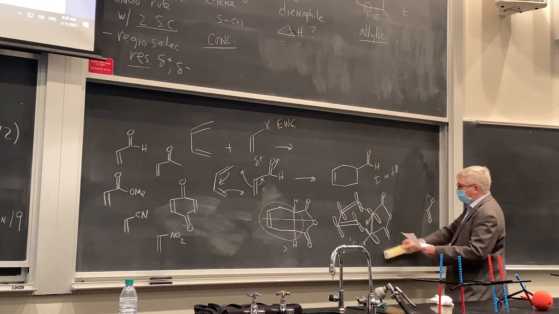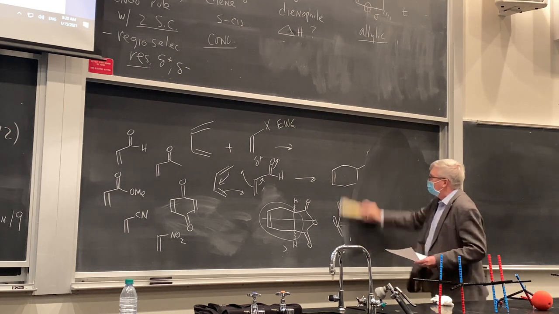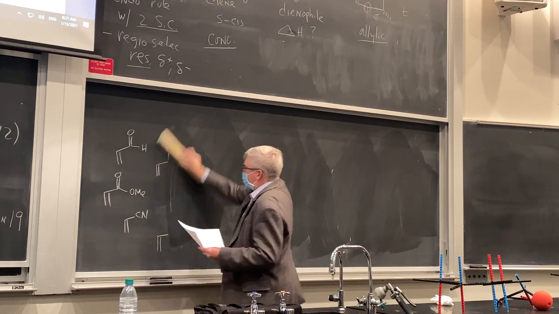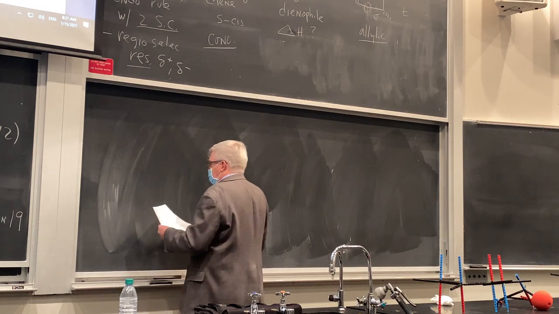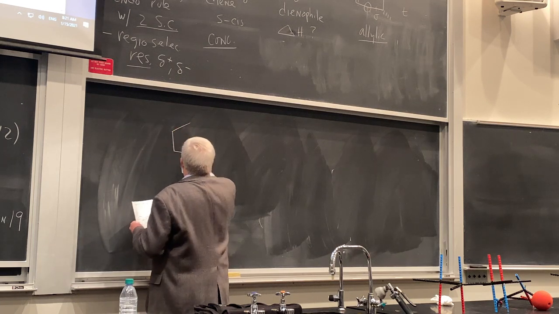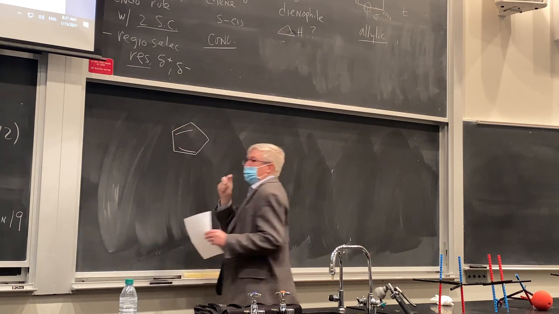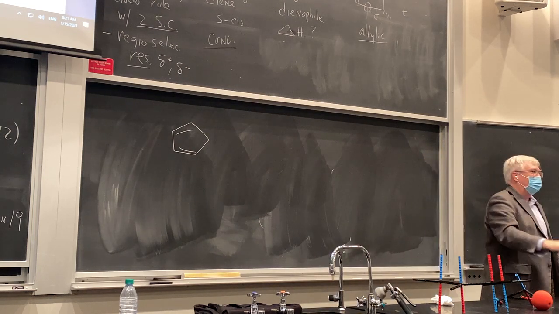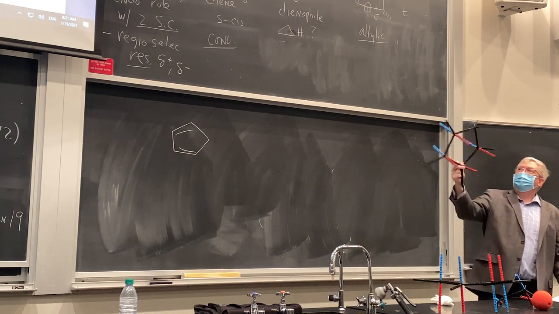So let's look at some other examples here. A little more complicated diene, and that is this. Cyclopentadiene. In fact, we saw cyclopentadiene before when we talked about 1,2 versus 1,4 addition.